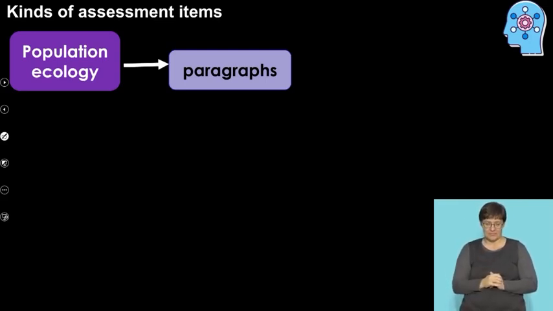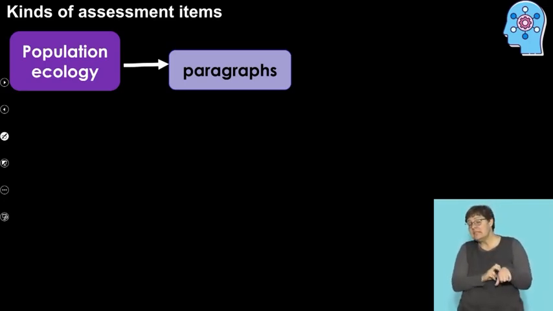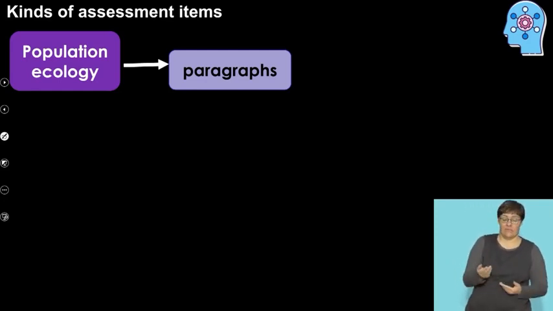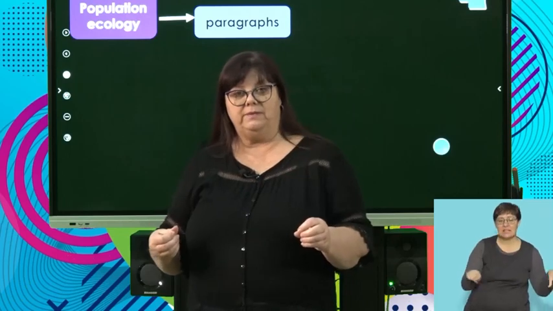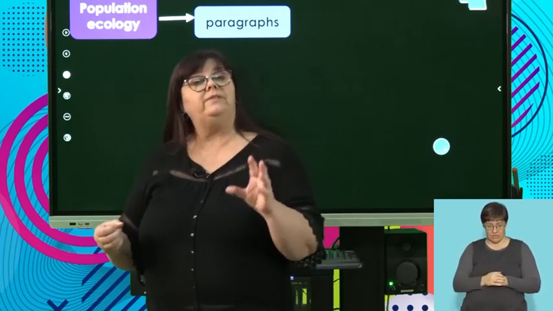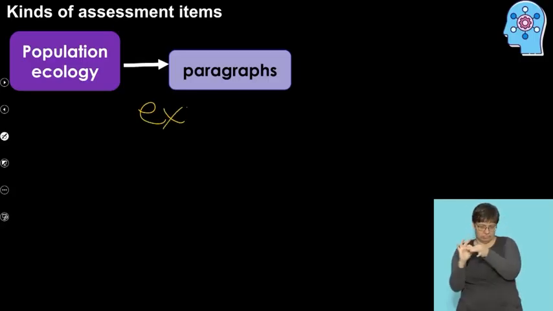Now, in your exam paper, in a test, you're going to need to be able to not just select a word or supply a word. You're going to have to start putting your ideas down in sentences and paragraphs. Usually, we'll find keywords associated with paragraphs.